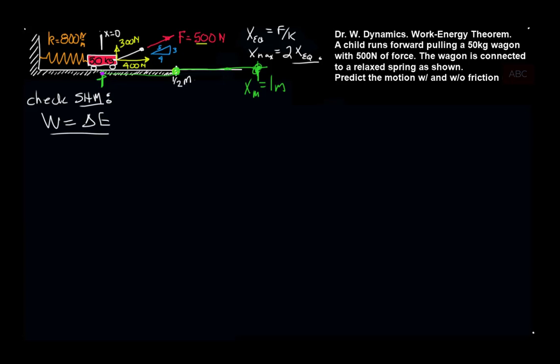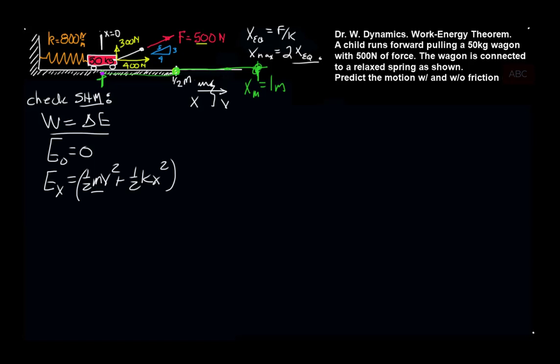But let's apply it to some arbitrary location here, x, where the wagon's still moving with some velocity v and has stretched out the wagon spring a little bit. So what we would have then is E0 is still 0. Ex would be 1/2 mv squared plus 1/2 kx squared.